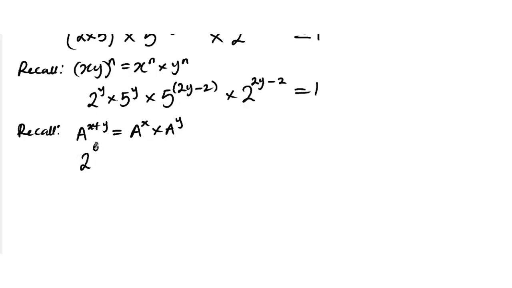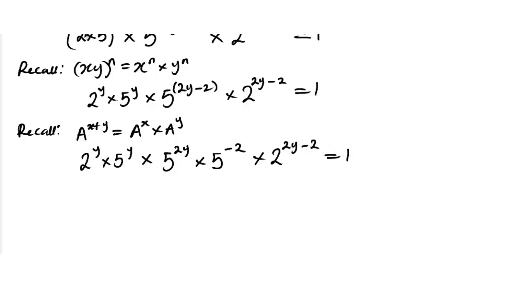We have 2 raised to power y times 5 raised to power y, then times 5 raised to power 2y, then times 5 raised to power minus 2. Because they have the same base, I can add the powers back, just from the law of indices. Then times 2 raised to power 2y minus 2. Everything is equal to 1.